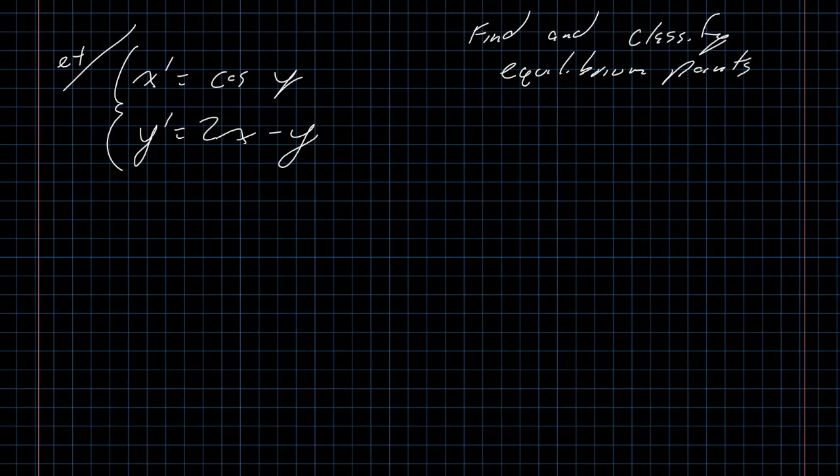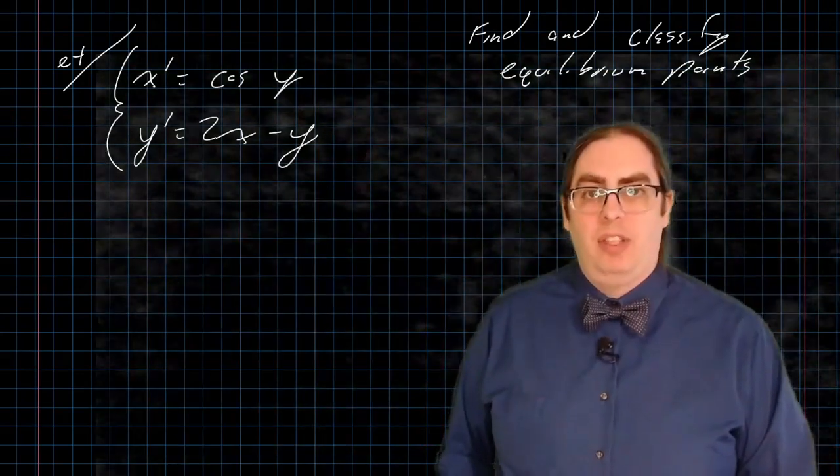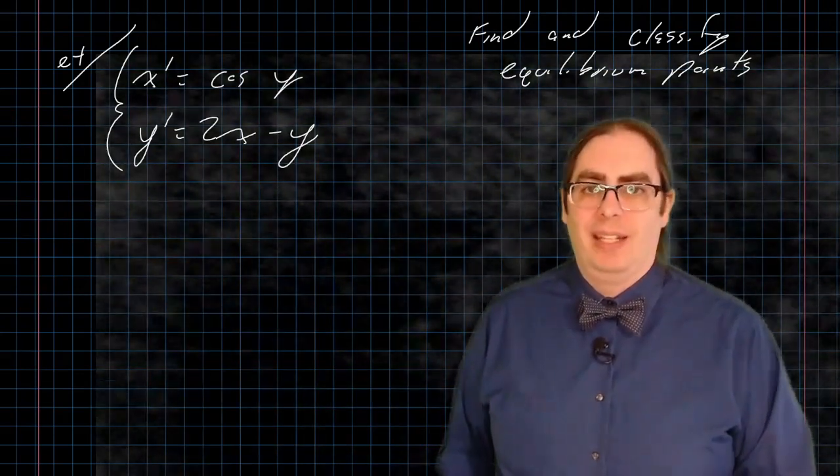Now I want you to go back to that graph and find and classify some equilibrium points. So take a couple of minutes, see what you can do with that, and I'll see you in the next video.